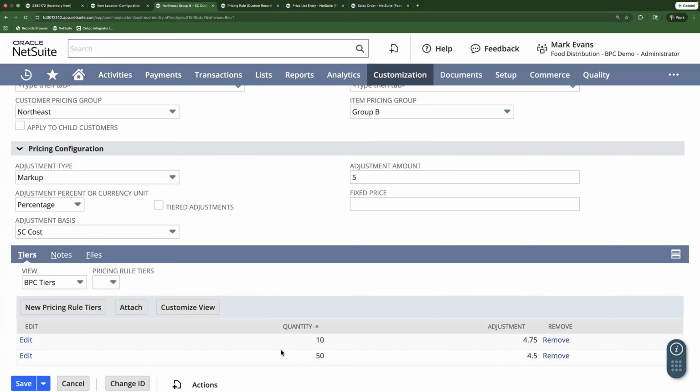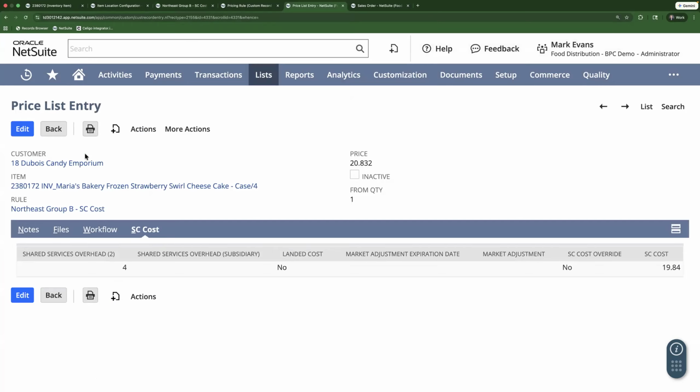The pricing rules can also be built based on quantity breaks using the tiered pricing that you see at the bottom of the screen. What that means is when we want the system to, we can generate price lists.